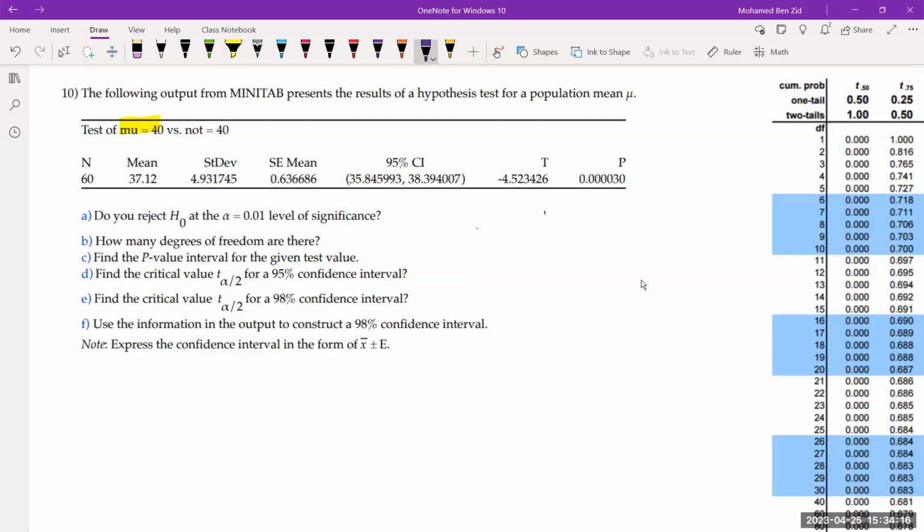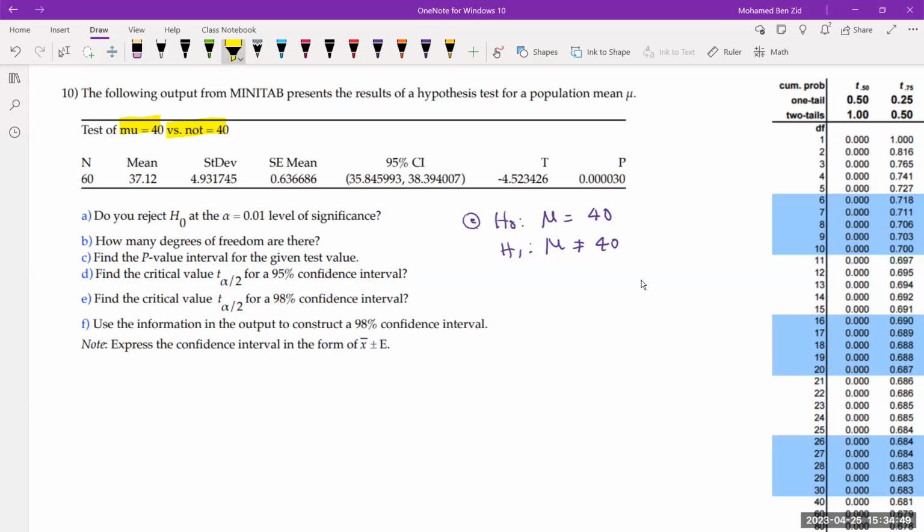Mu equals 40, and you are comparing it versus mu not equal to 40, which means the mean is different than 40. So by default, this is going to be H0, and this would be H1. I don't have any claim here, but that's how you read the first sentence, at least.